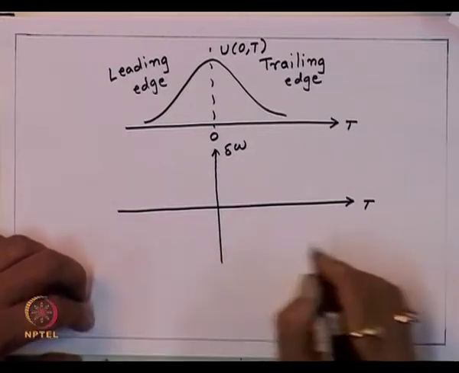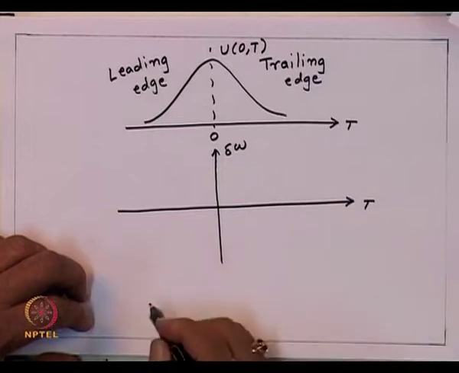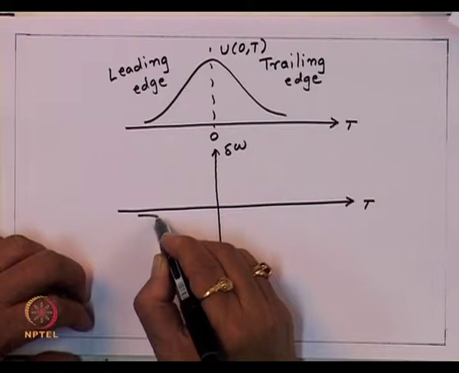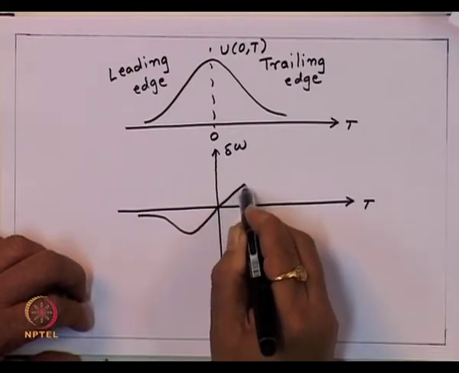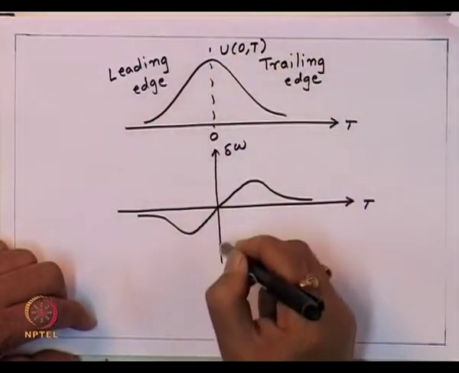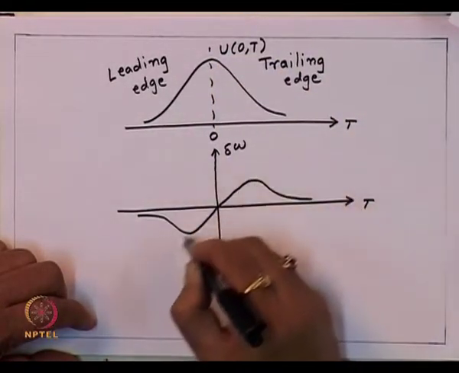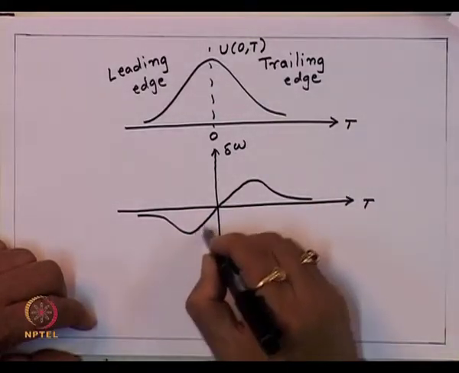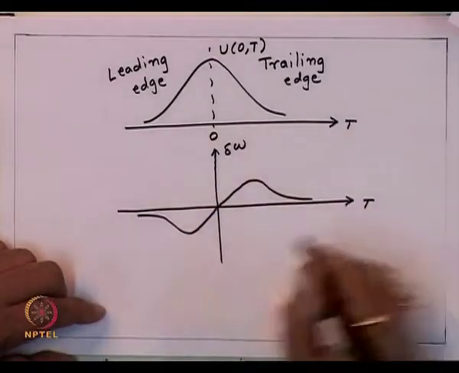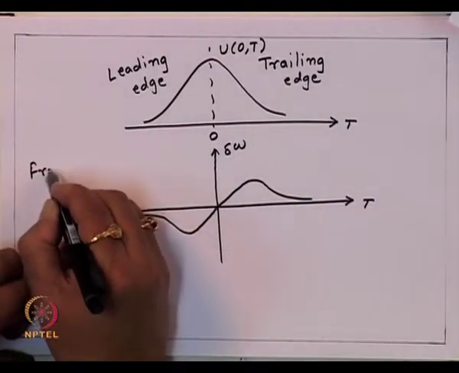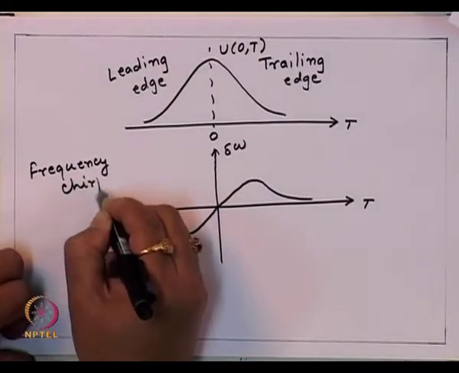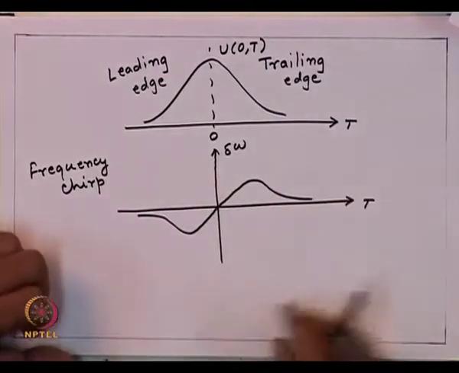So, now if I look at the change in frequency, it would look something like that. You will see that at the center of the pulse, the frequency changes almost linearly. It goes from negative to positive, that means it has a positive chirp. So, in this case also we have a frequency chirp, because the frequency is changing inside the pulse.